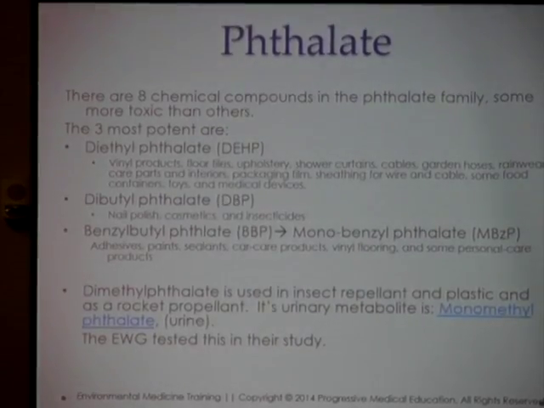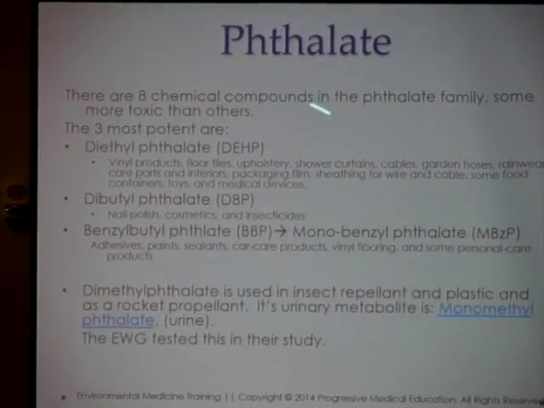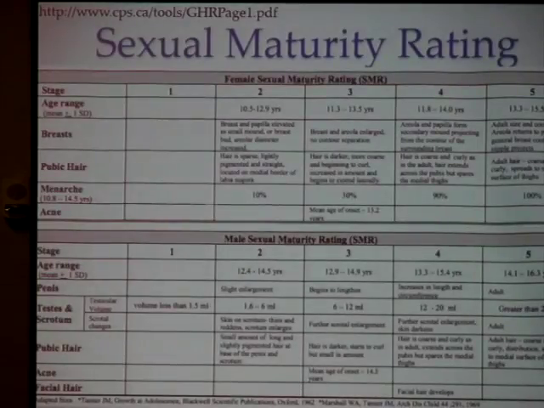Nail polish is one of the areas in our environmental exposures where we see high use of phthalates. Even the cosmetic industry is taking awareness of this, and there are some companies producing phthalate-free nail polish and paraben-free products like hair products and care products.